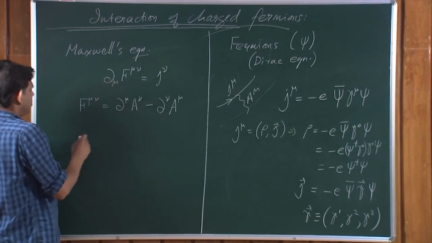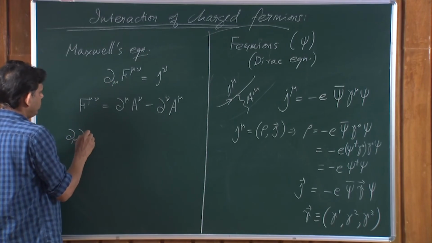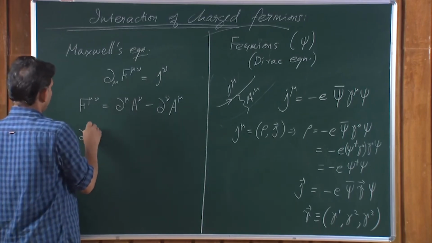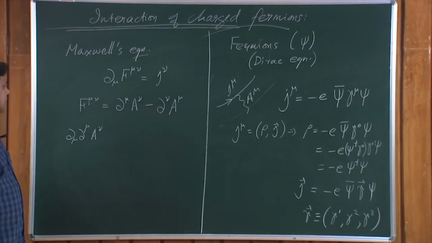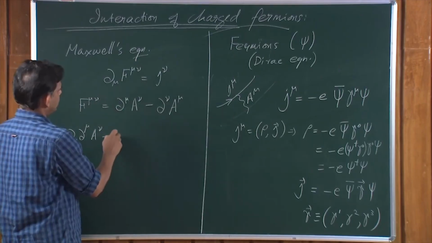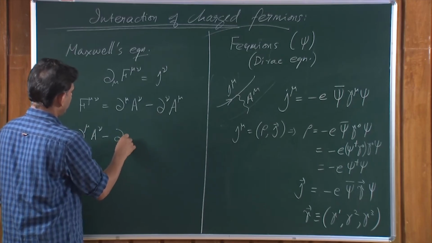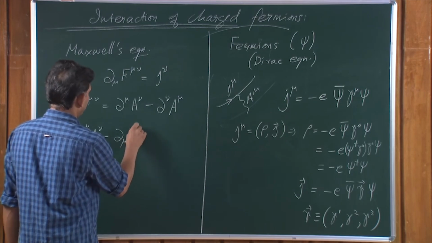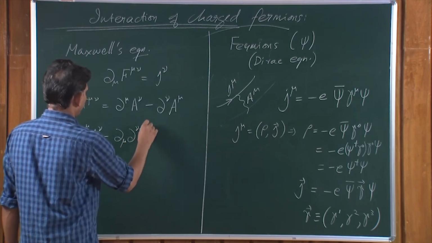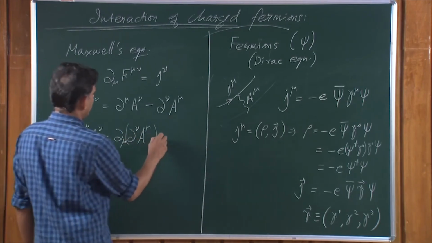And when you put this back, we have dou mu dou mu A nu, okay, minus dou nu dou mu A mu, okay, equal to j nu.